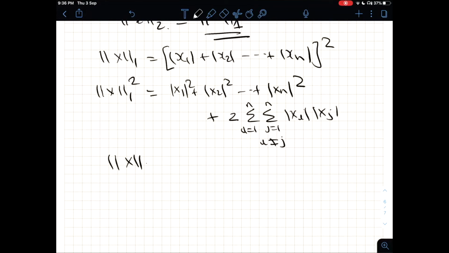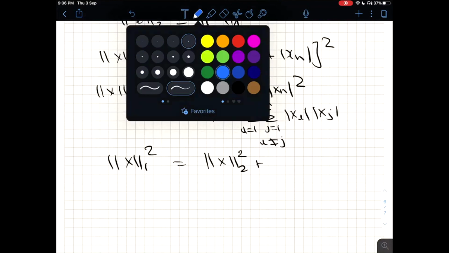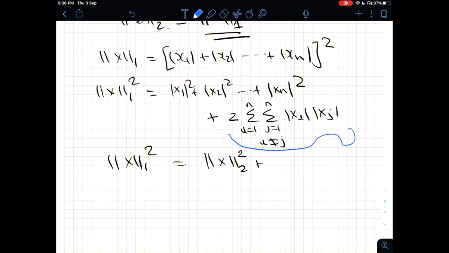So then this tells me that the first norm square is going to be equal to the second norm square plus 2 times this particular term. But look at it, this is greater than or equal to 0 being modulus. So when I do how many summations I am doing, approximately n square minus n summations, all of those terms will be greater than or equal to 0.